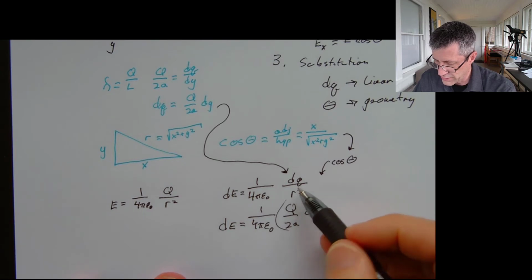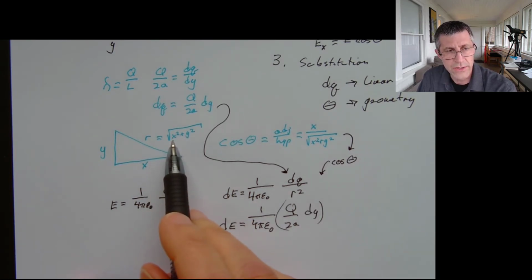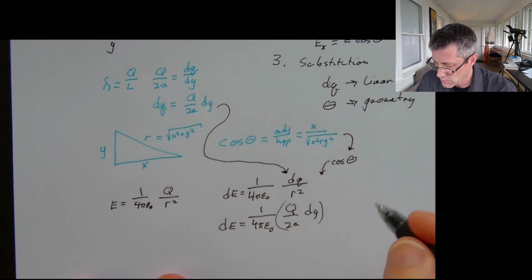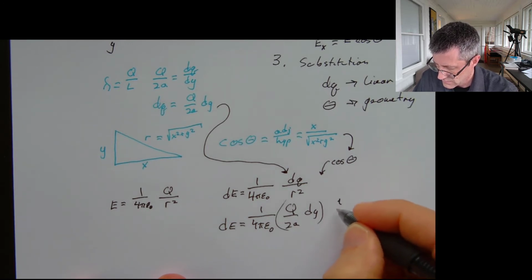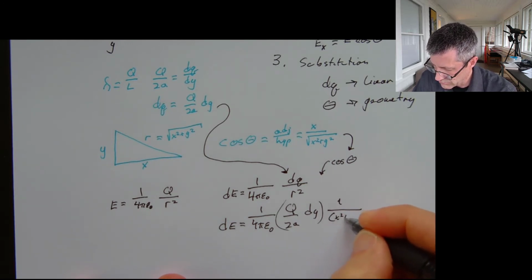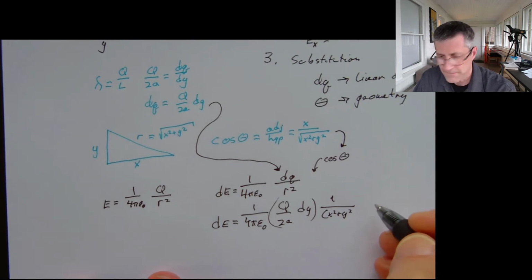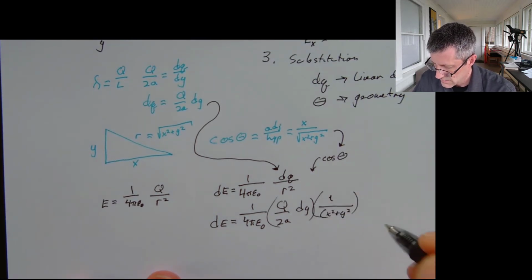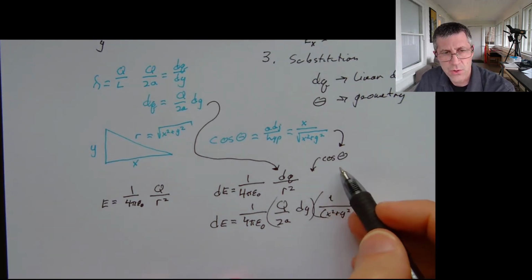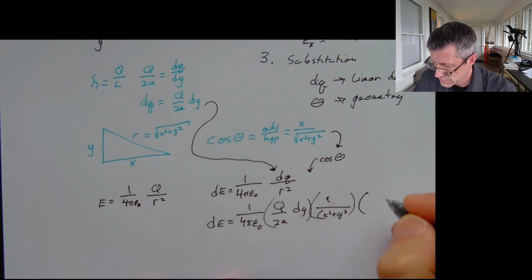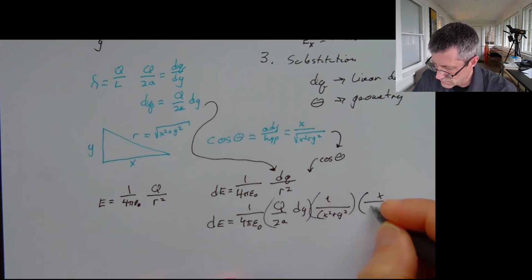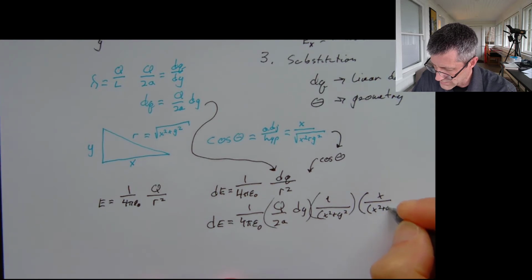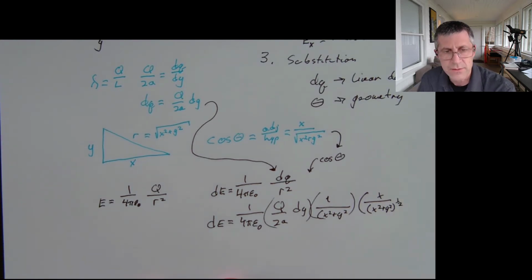Here r squared is going to be x squared plus y squared. And I'm going to multiply it by the cosine function, which is going to be x over x squared plus y squared to the 1/2, another way of writing square root.